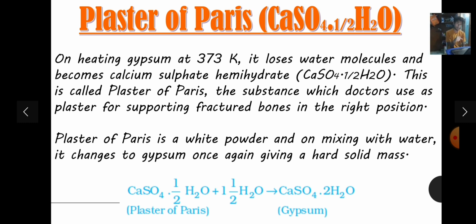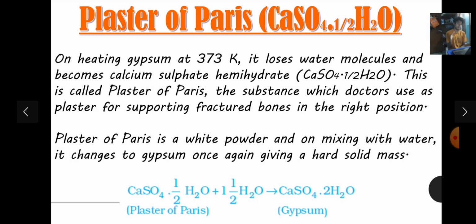This is nothing but plaster of Paris. This is used to support fractured bones in the right position. When you experience a severe fracture, the doctor covers your fractured part with plaster of Paris so that the bone does not move away from the position in which it is.